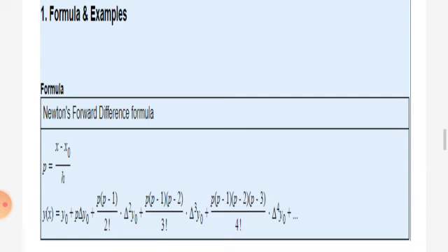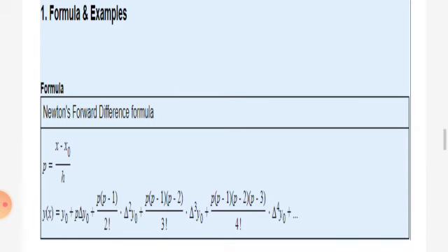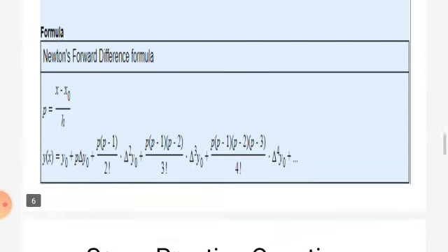What is p here? p equals (x minus x0) by h. x is the value for which we have to find y. x0 is the initial point of x, which is already given in the question. h is the difference between the values of x.